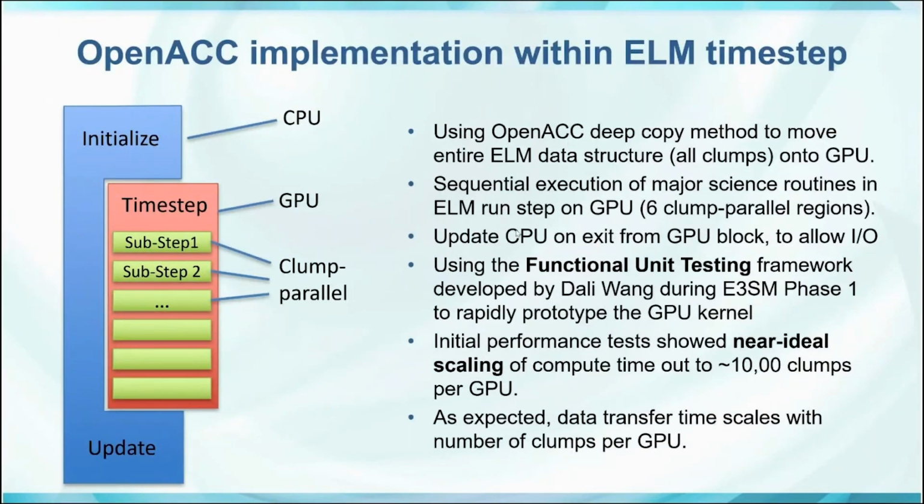I'm going to show you next some of the timing information, but basically what we see at a broad scale is kind of what we would expect, which is that it takes a significant amount of time to move data onto and off of the GPU.